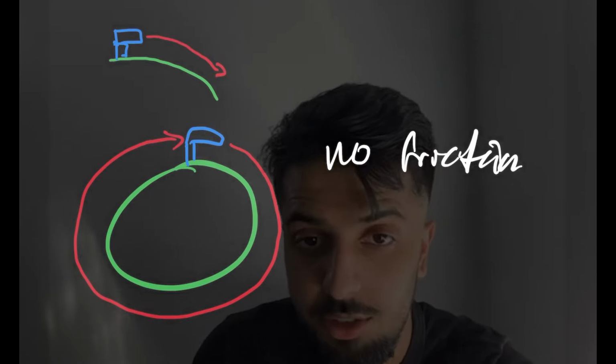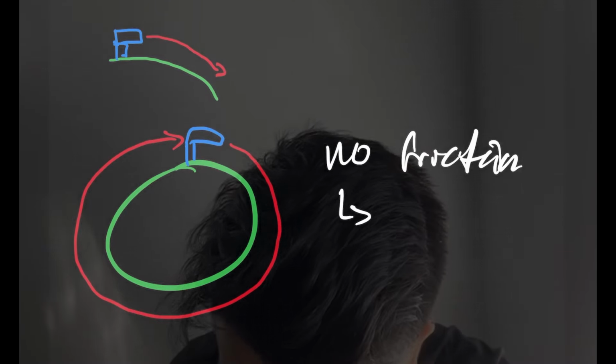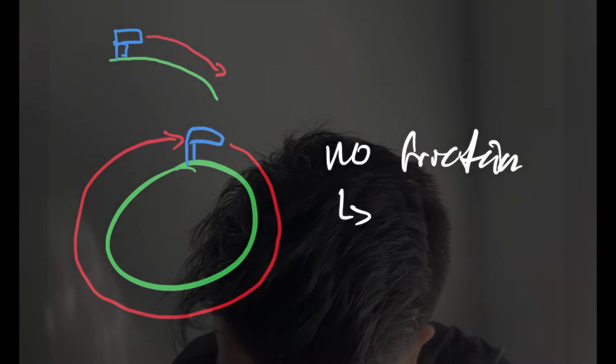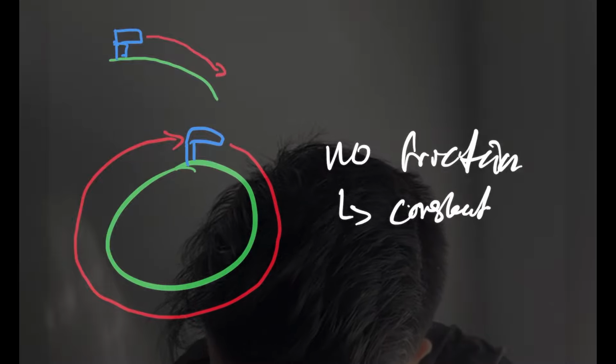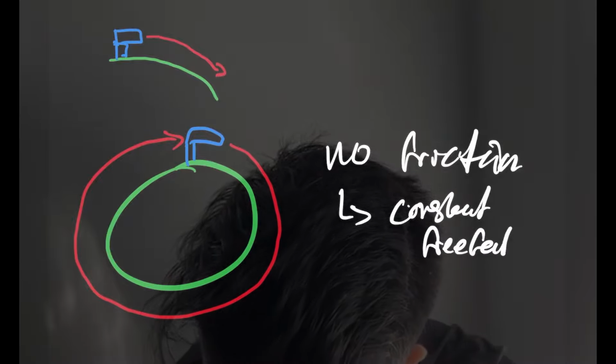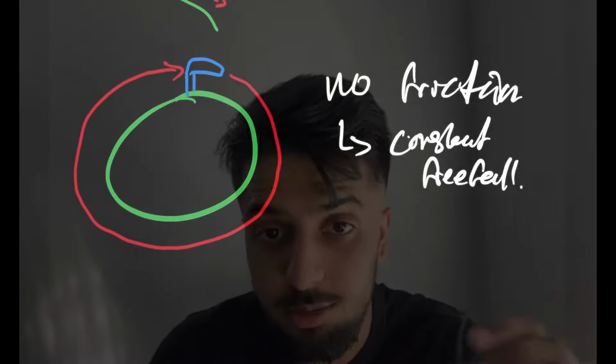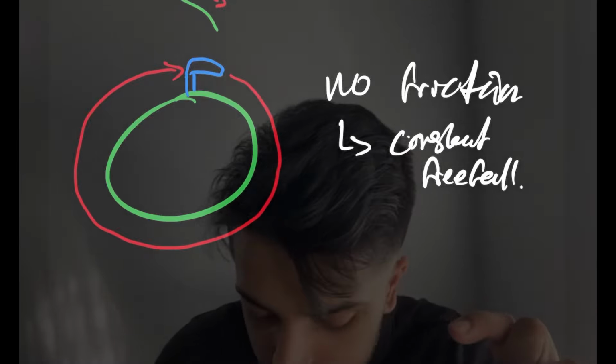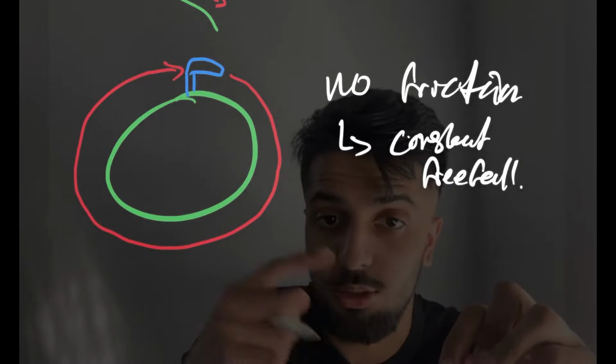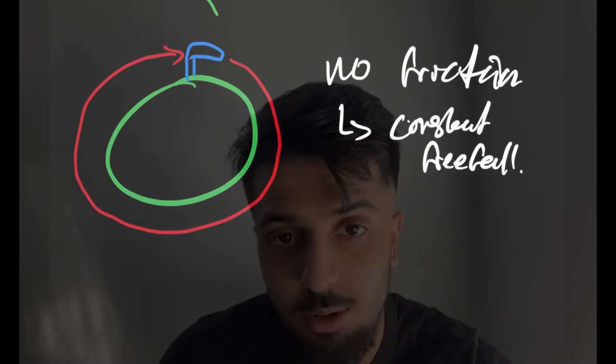And therefore, because there is no friction, the projectile will be in constant freefall. So we can see here that there is a force that's providing the centripetal force for this cannon projectile to go in circular motion around the Earth. And this is our gravitation.